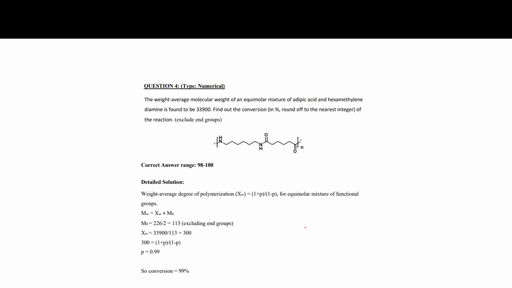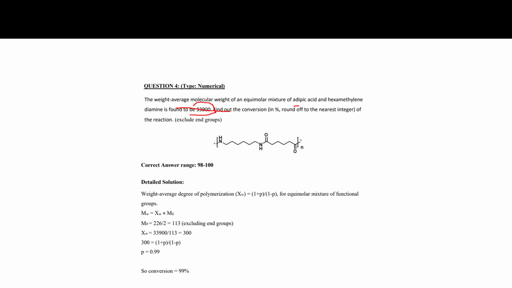From this we are solving some problems in week 2. This question is from your assignment 1. The weight average molecular weight of an equimolar mixture of adipic acid and hexamethylene diamine is given as 33,900.